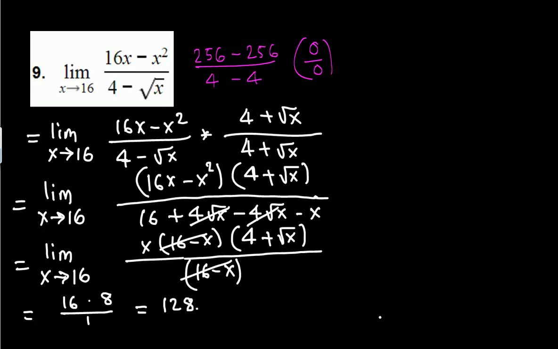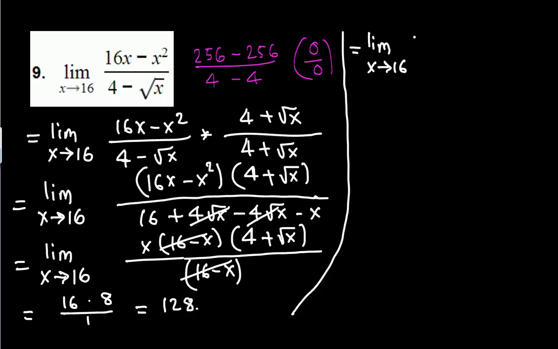That's the final answer. And there is another way to find the limit that might be more difficult, but let me show you anyway. It's shorter, but it's not that easy to come up with.